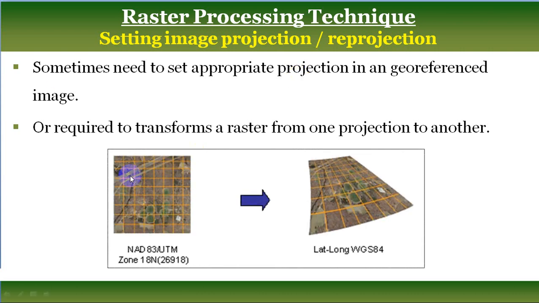So in this illustration you see your image is already in a projected coordinate system, North American datum UTM, that was transformed to a geographic coordinate system. So your image is transformed from a projected coordinate system to a geographic coordinate system, or vice versa. You can convert your image from a geographic coordinate system to a projected coordinate system.